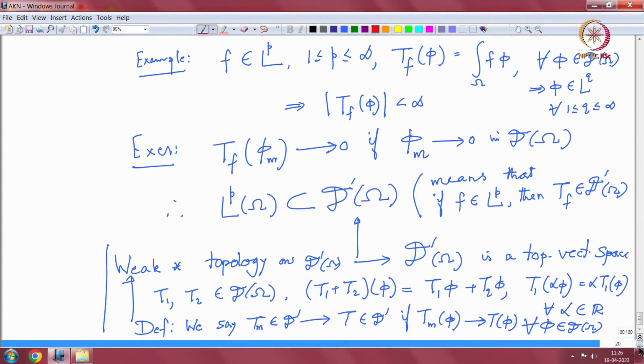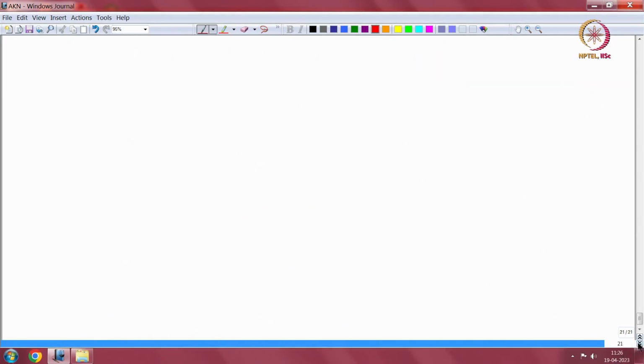With that weak star topology, now look at this f in L^p of omega. You are associating with it a T_f in D prime.